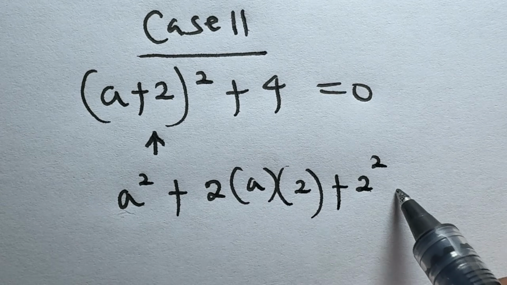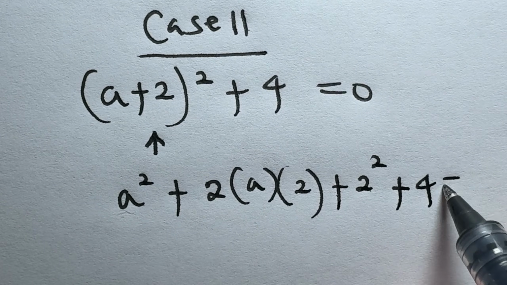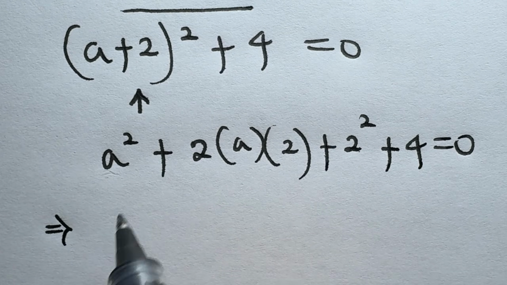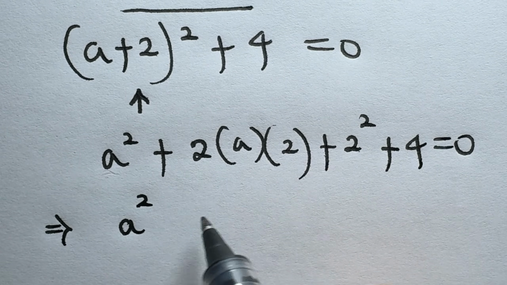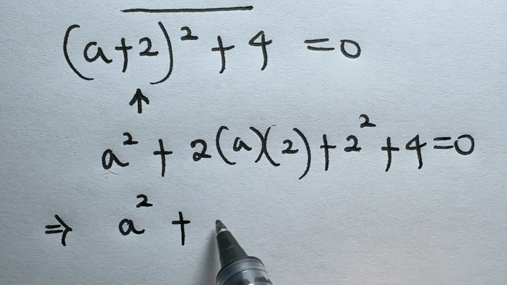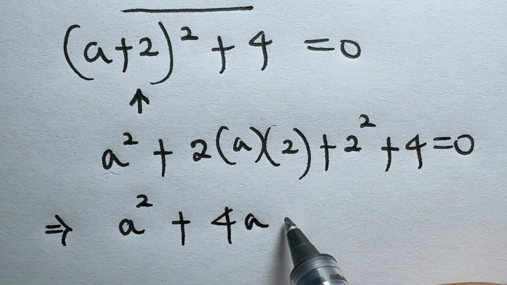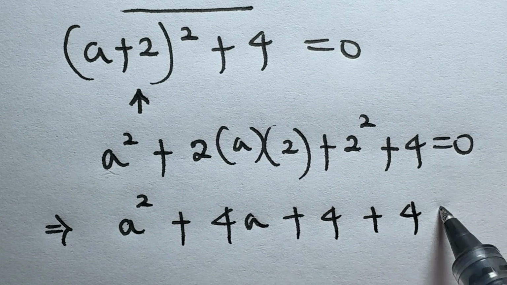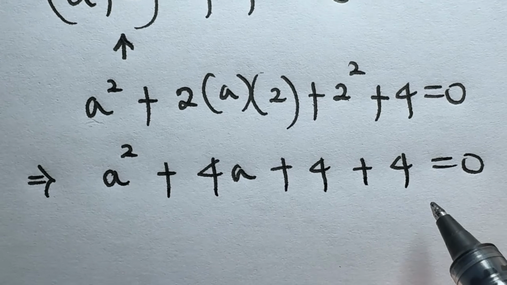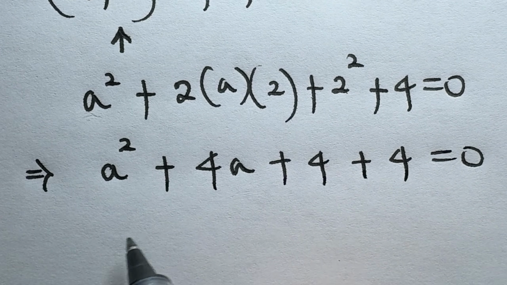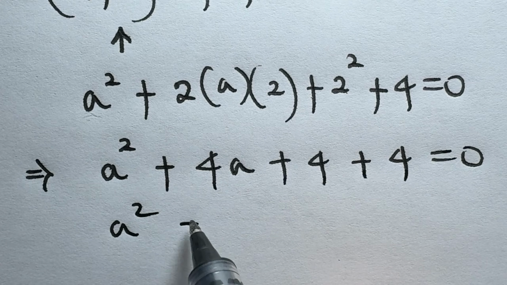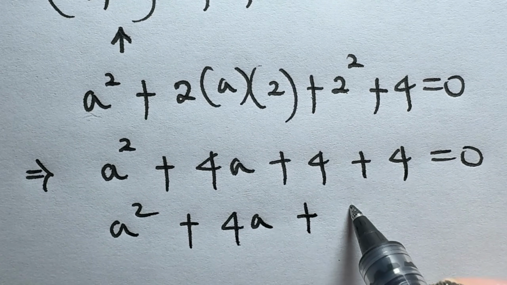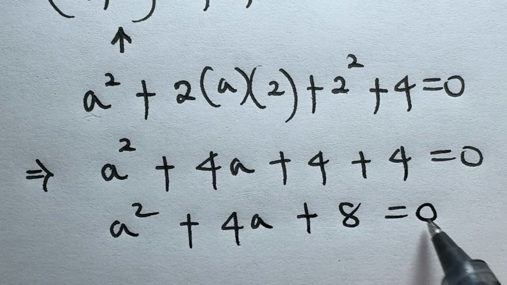We have plus 4 is equal to 0. This will imply a^2 plus 4a plus 4 plus another 4 is equal to 0. This gives us a^2 + 4a + 8 = 0.